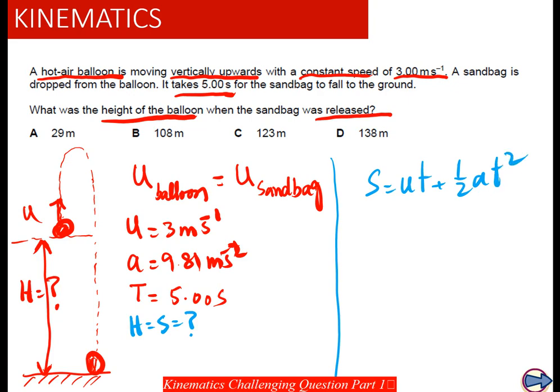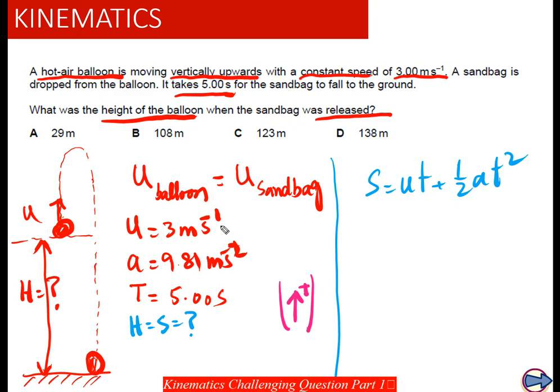Before we plug in values, we need to decide one direction as positive. As the initial motion is upward, we always take the direction of initial motion as positive. So we will take the upward direction as positive.